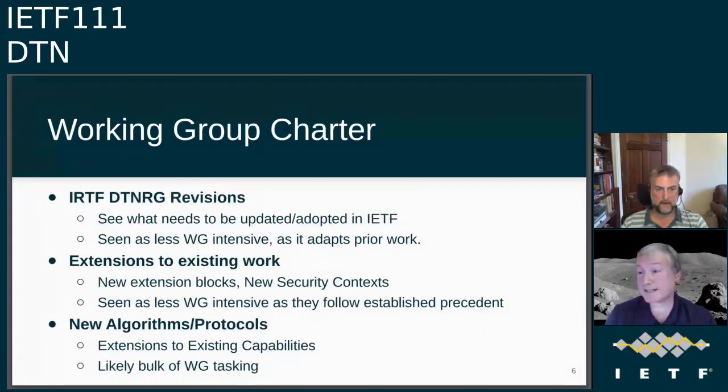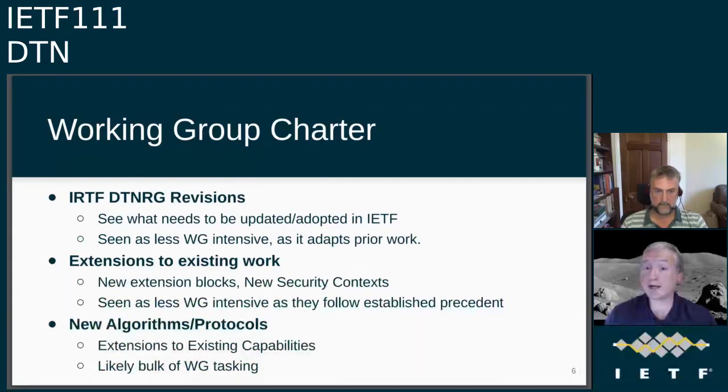then that is exactly how we've laid things out. Things that we see as revisions coming out of the DTNRG seem like they might be perhaps aspirationally less working group intensive, because it is adapting prior work, prior algorithms, and bringing it up to speed with what has tracked over the work we have done in the past several years.